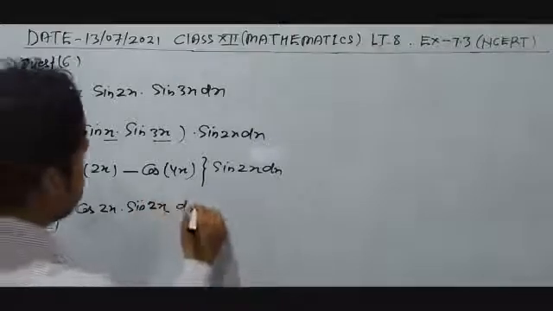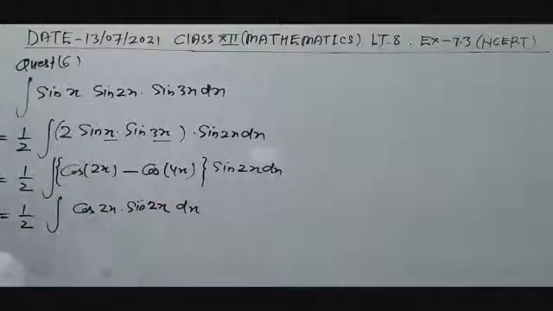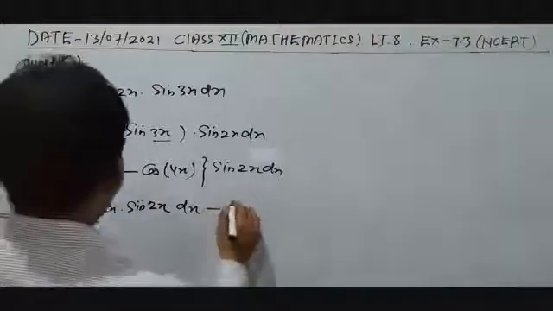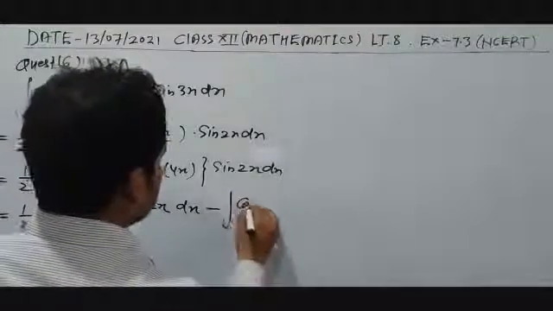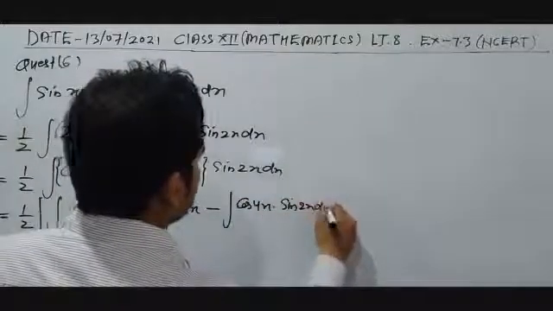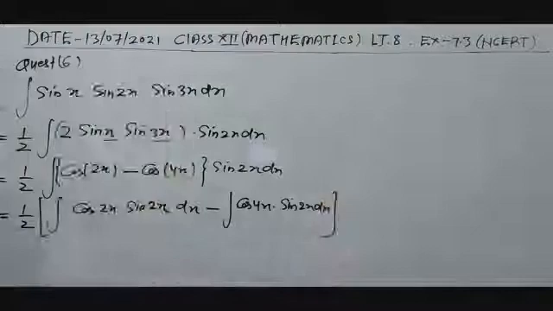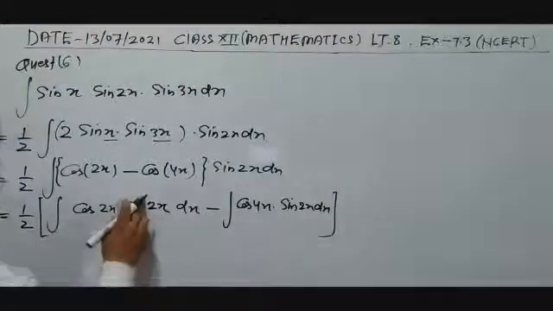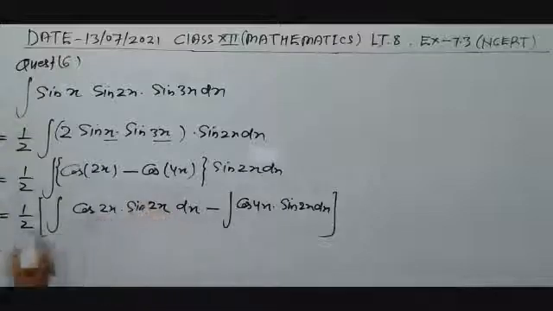Now its result will be integration over sin 2x multiply, so cos of 2x into sin of 2x dx, in square bracket consider, and integration over cos 4x into sin 2x dx. Now you know 2 sin theta into cos theta, result is sin 2 theta. So again rationalize by 2.